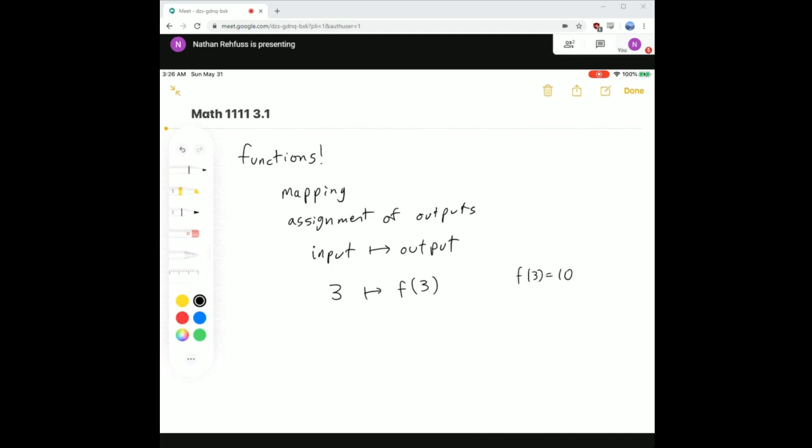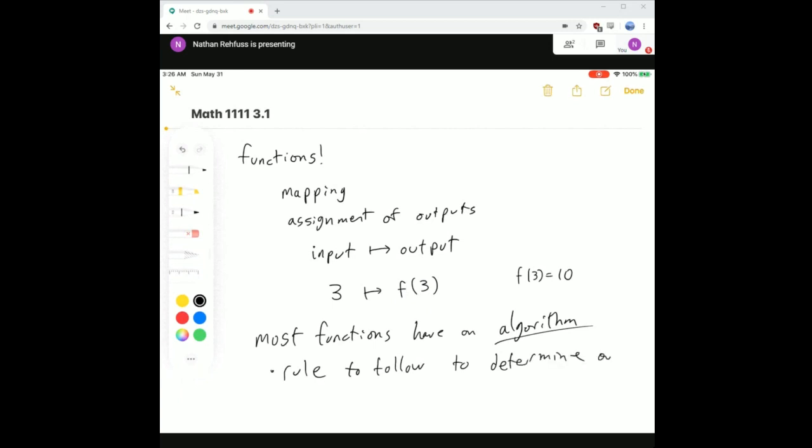Now, most functions are going to come with an algorithm. An algorithm is a rule to follow to determine the output.